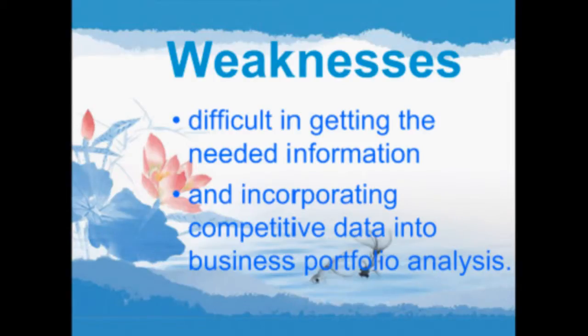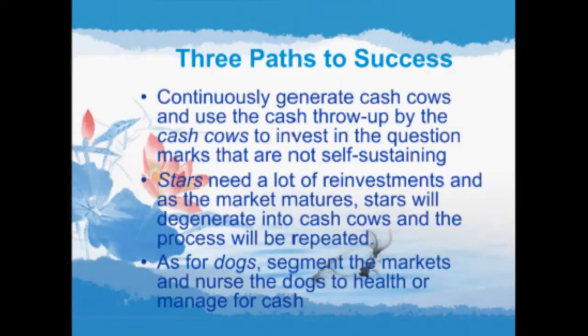Two weaknesses of this analysis arise from the difficulty in getting the needed information and incorporating competitive data into business portfolio analysis. There are three paths to success. 1. Company continuously generate cash cows and use the cash thrown up by the cash cow to invest in the question marks that are not self-sustaining. 2.